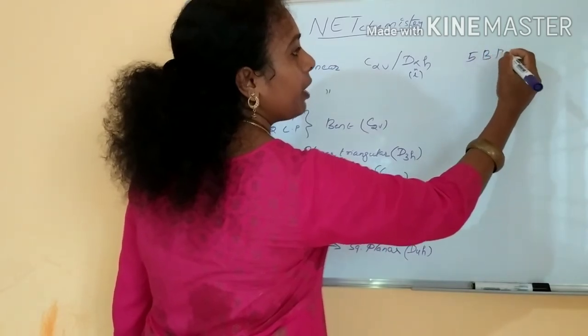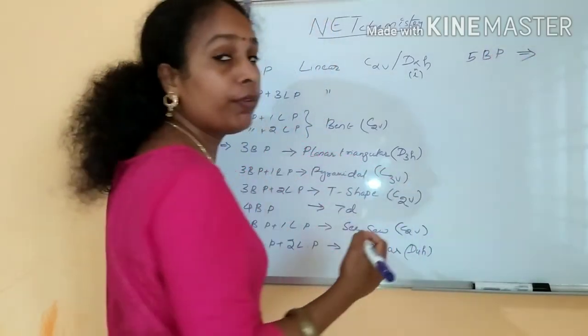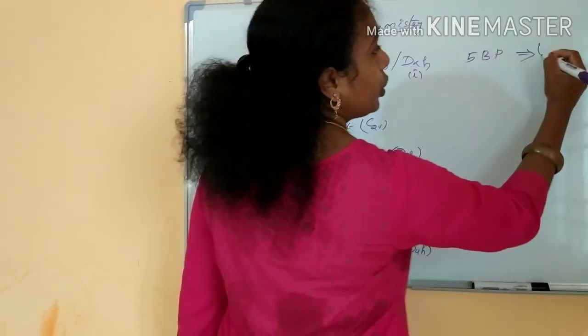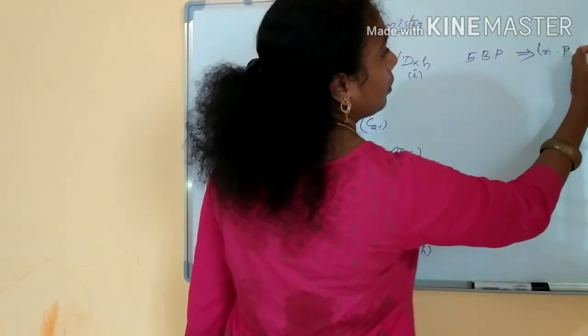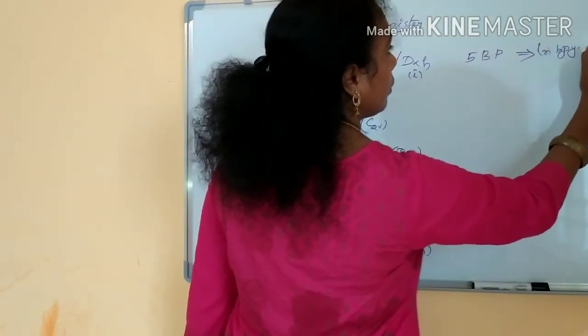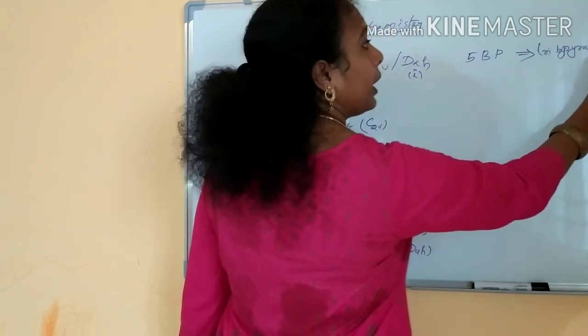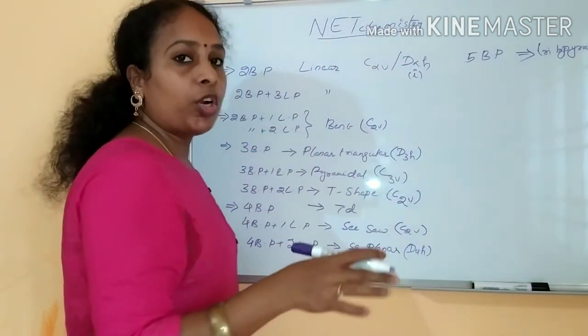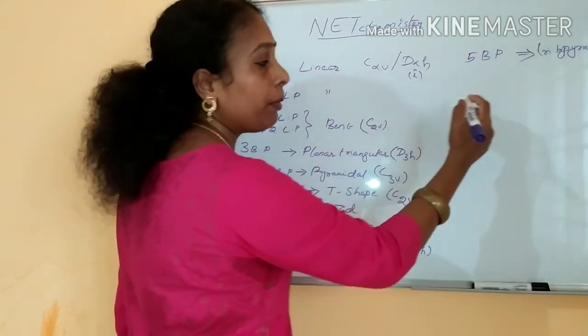Next condition is 5 bond pair alone present, the molecule will be trigonal bipyramidal shape. Trigonal bipyramidal shape. 5 bond pair alone present, the molecule will be trigonal bipyramidal.